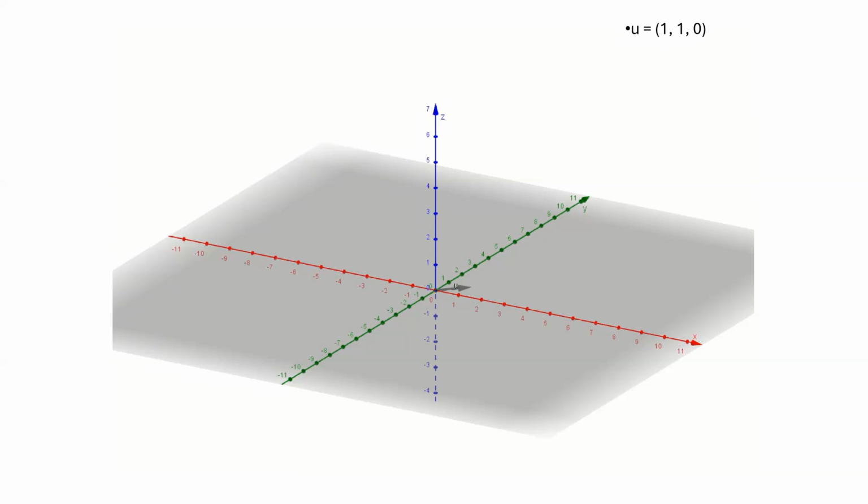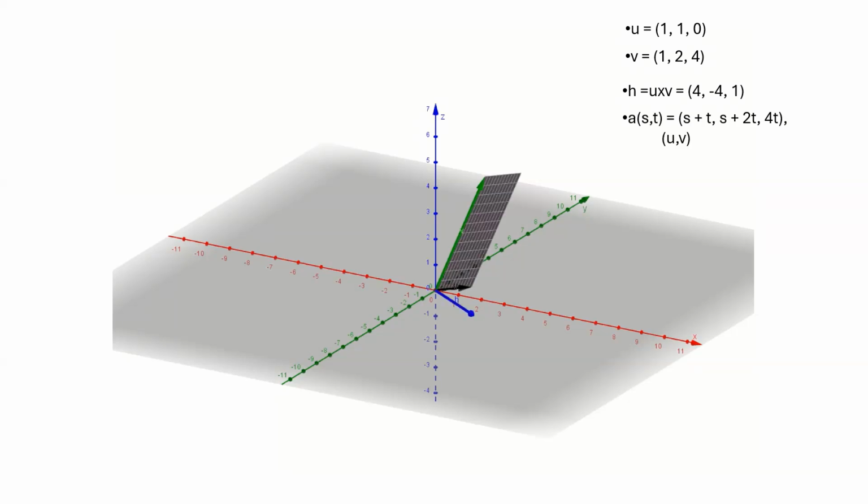So if we have vector u, another vector v, then their cross product is the vector h, which is in blue color, and this is the parallelogram made by vectors u and v as adjacent sides.